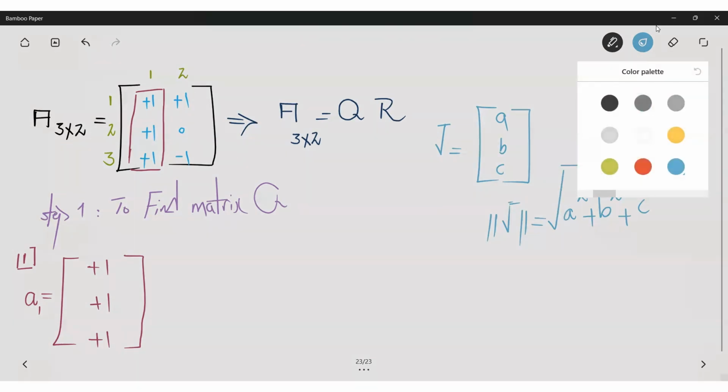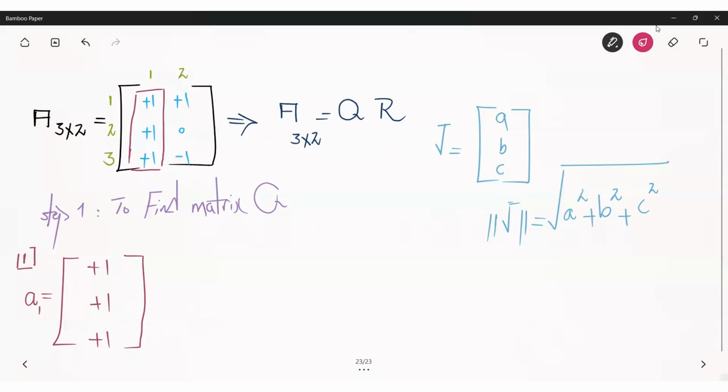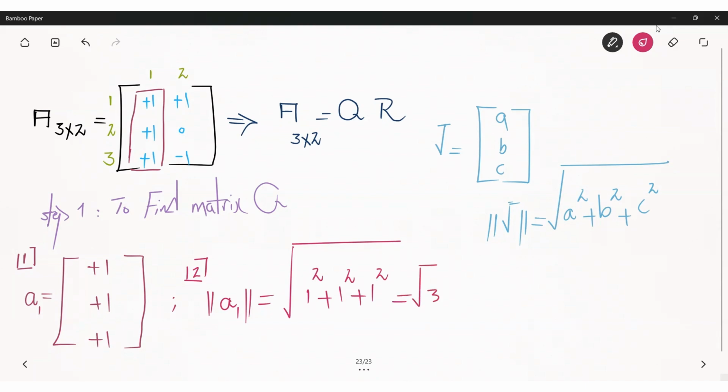In step number 2, which I'm going to do here, I'm just going to find the norm of this vector. I'm going to say part 2. The vector A1, which I got, I'm just going to find its norm. Its norm becomes, with this formula, 1 to the power 2 plus 1 to the power 2 plus 1 to the power 2, which becomes essentially square root of 3.